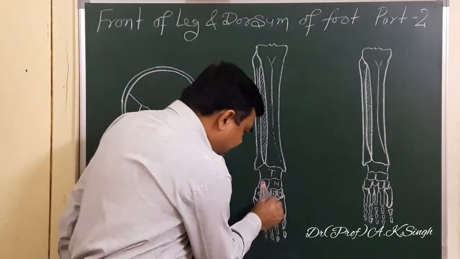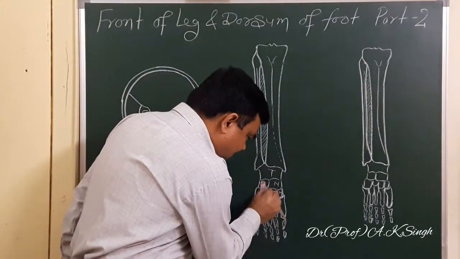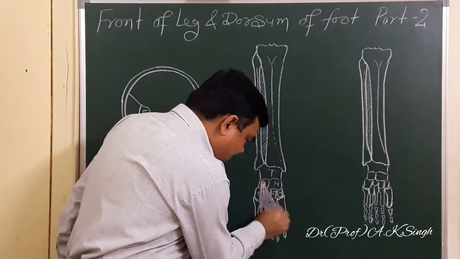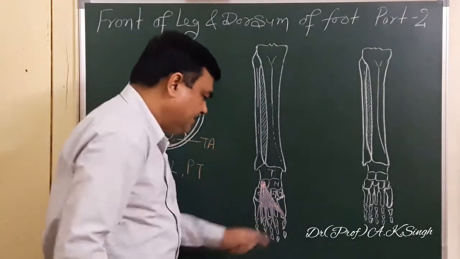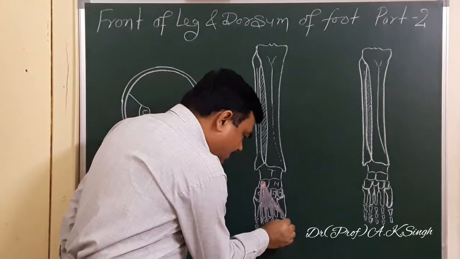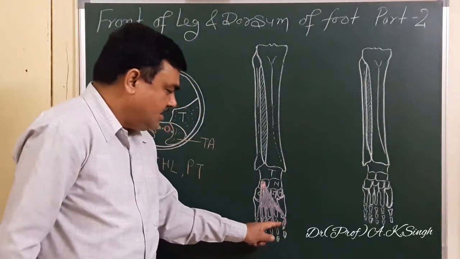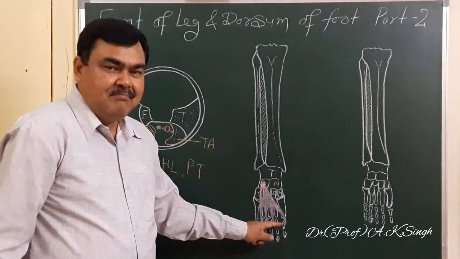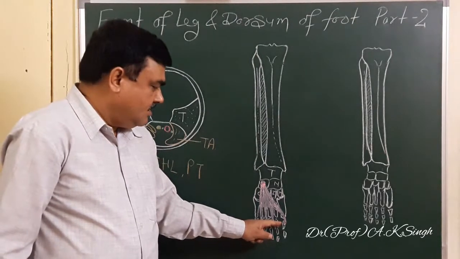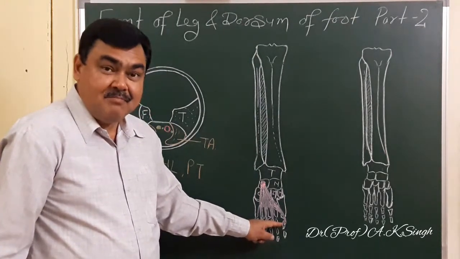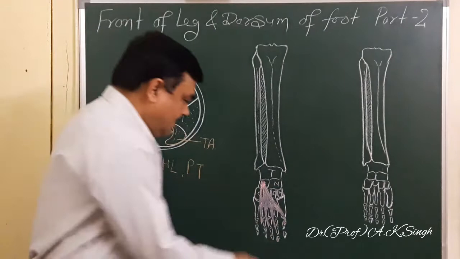The first tendon, this is the first. This is distinct and it is inserted on the dorsal surface of the base of the proximal phalanx of the big toe.